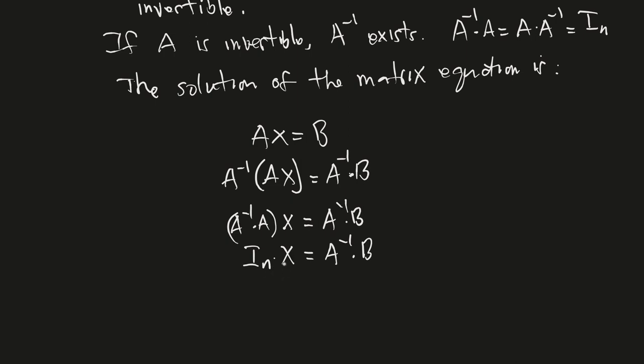And I know that it's always going to be x, right? Because remember, the multiplicative identity for matrices plays the role of the number 1. So the identity times any matrix, as long as the multiplication is compatible, will always be that same matrix, which is the solution that we're looking for.